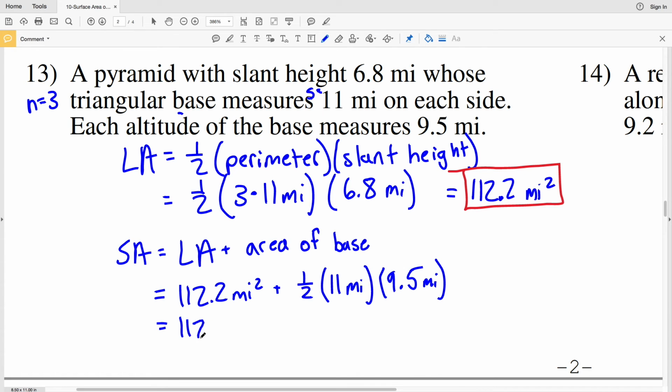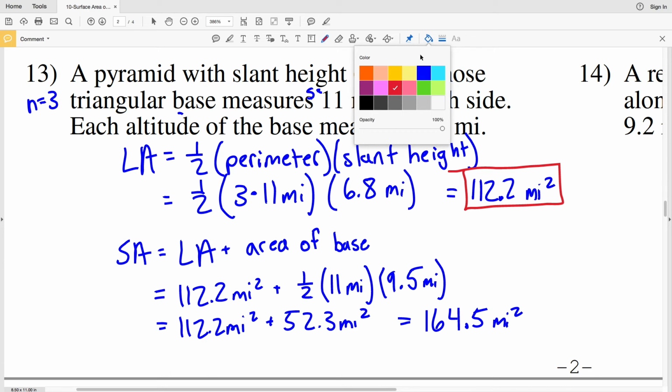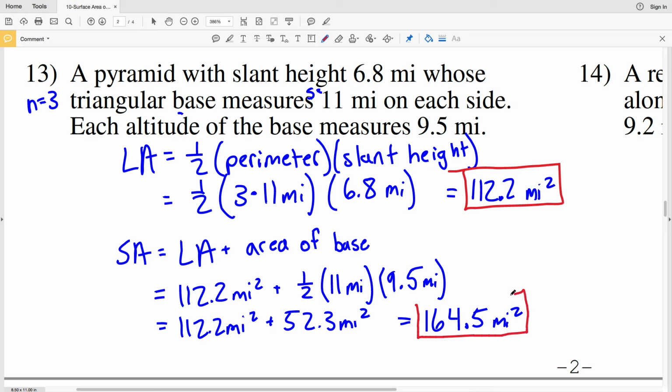So that's 112.2 miles squared plus 1/2 times 11 times 9.5 equals 52.25, which rounds to 52.3 miles squared. And adding those together, we get 164.5 miles squared for the surface area in number 13.